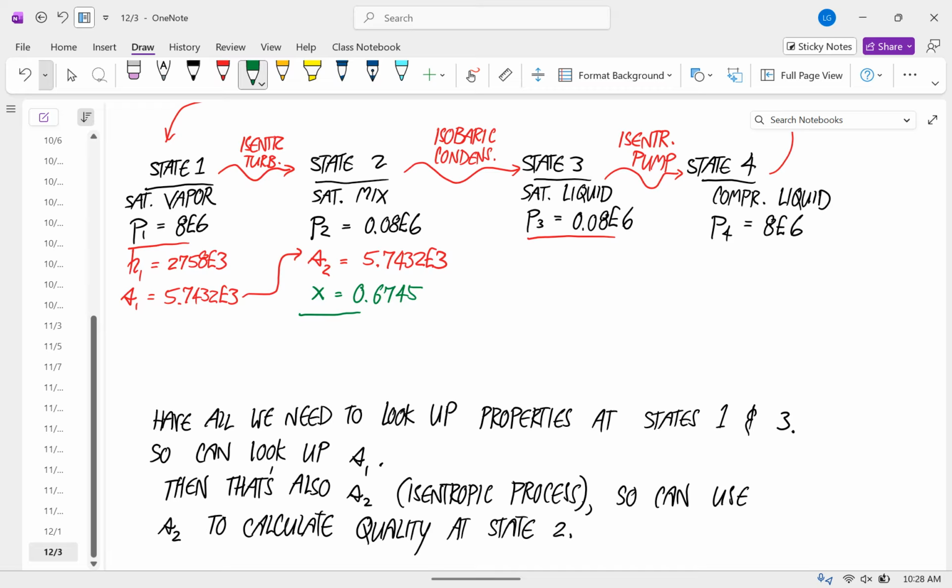So now we can just go to the website and look up the specific enthalpy. We get H2 is equal to 1795 times 10 to the third.